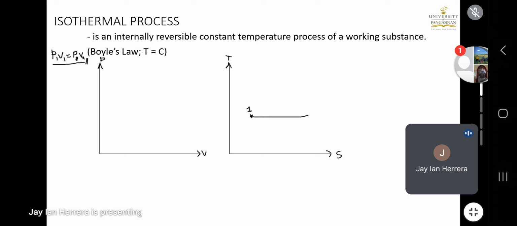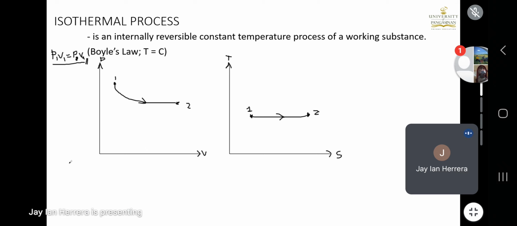Laging straight horizontal yan. So, this is our point 2. Constant temperature, meaning hindi nagbabago yung y-axis natin. So, under PV naman, it always goes from curve line lang din. Let's say we have these 2 points, for phase 1 and phase 2.